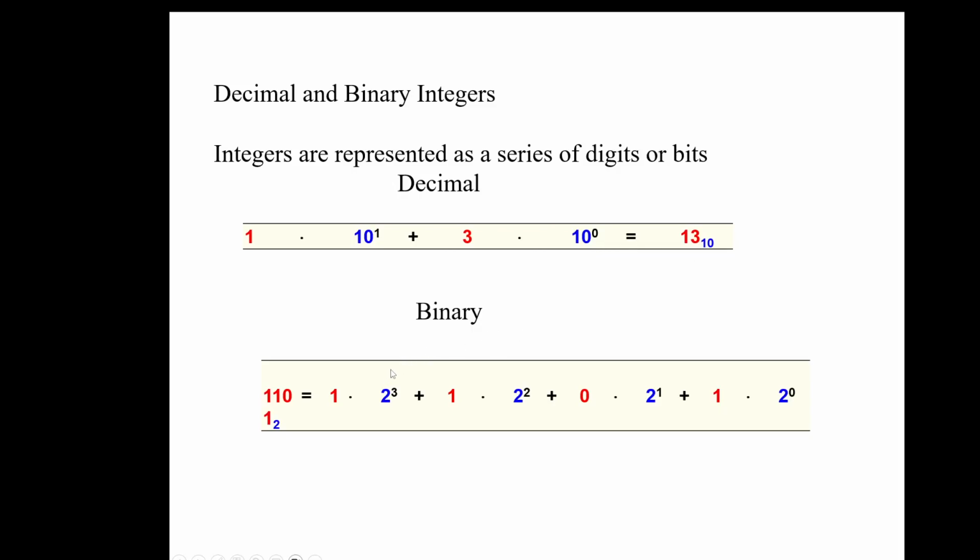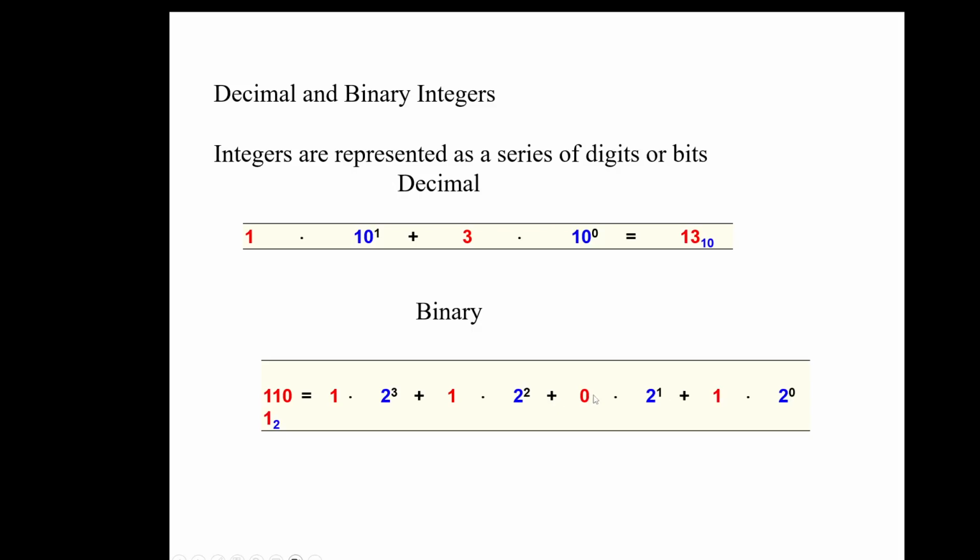In binary, the equivalent of 13 is 1101 base 2, where the first 1 represents a place value of 2 cubed. The second 1 represents a value of 2 squared, or 4. The 0 represents a value of 2 to the first power. And the last one represents a value of 1, which is 2 to the 0 power.